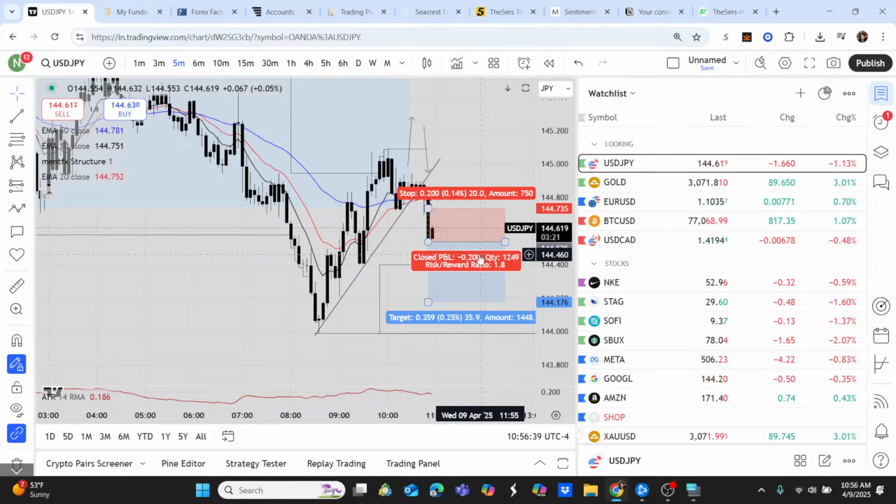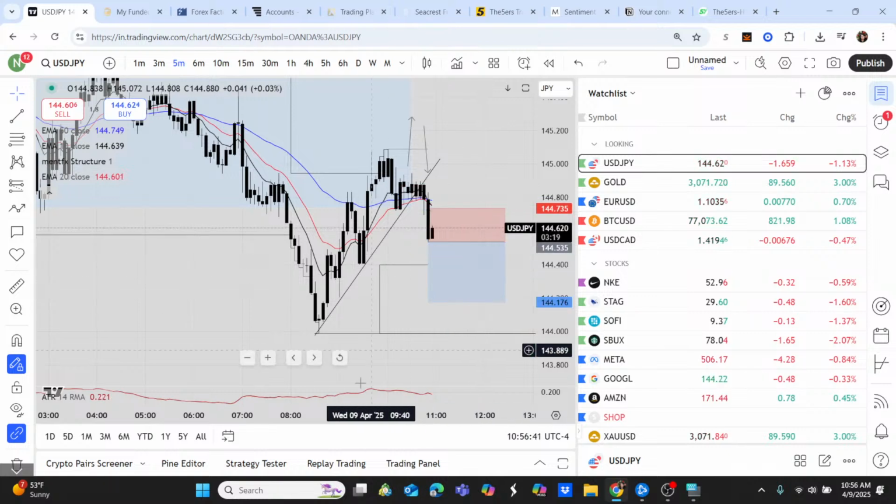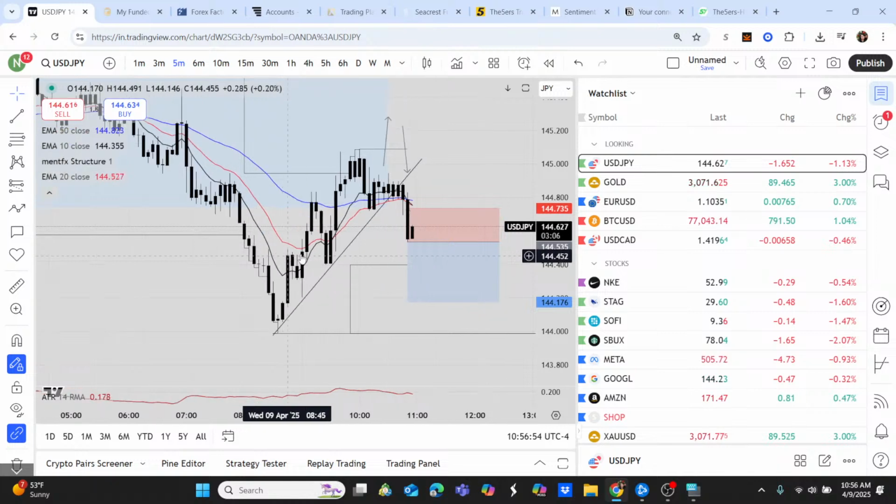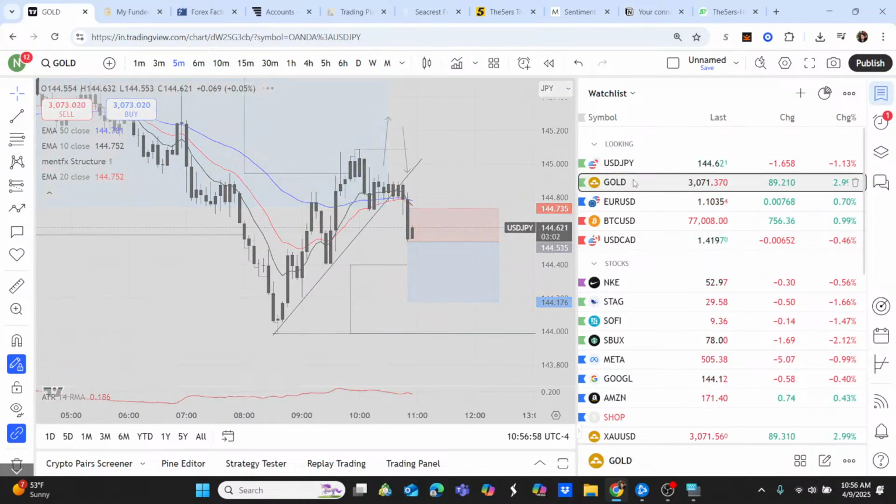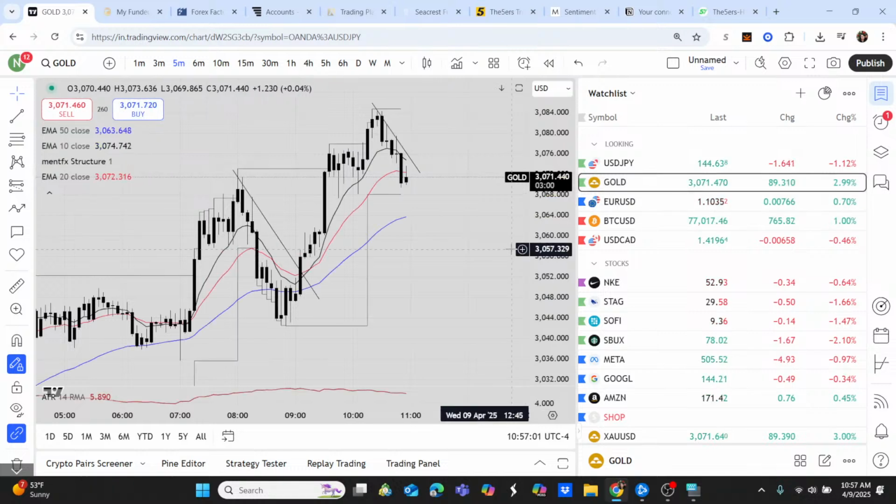USDJPY. I'm just gonna mark it execute. If it gets below that low after pausing, yeah.